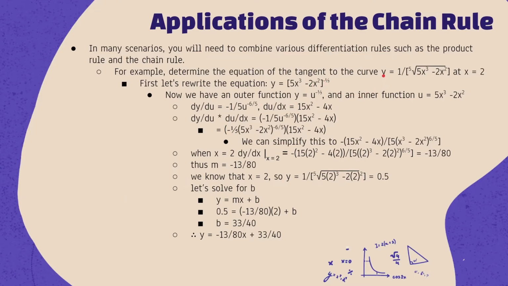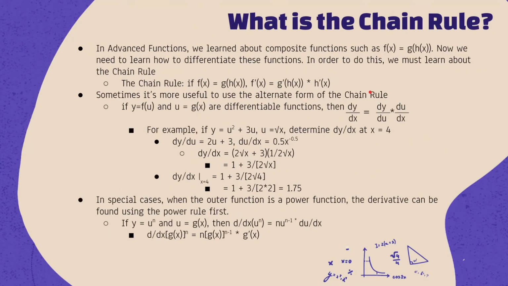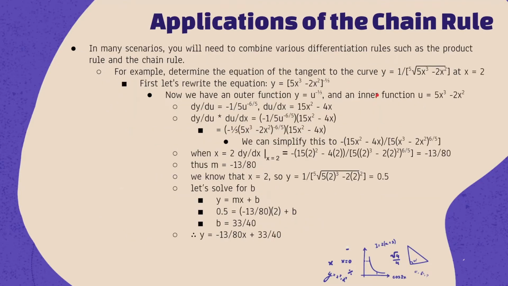So since we're given y, it'd be better to use this notation here as opposed to this notation here, since we're not technically talking about functions, or we're not given function notation here. So in that case, let's call y the power, right? So y equals u to the power of negative 1 over 5.